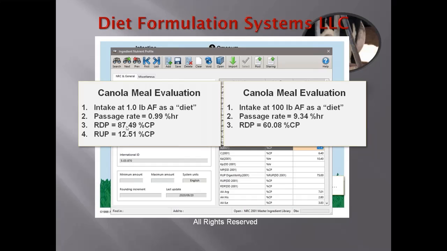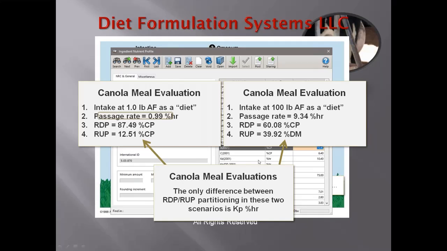RDP, instead of 88, comes down to 60%. RUP goes from 12% to 40%. And again, in this illustration, the only difference between these two evaluations is passage rate. So passage rate is a significant factor in determining RDP and RUP.